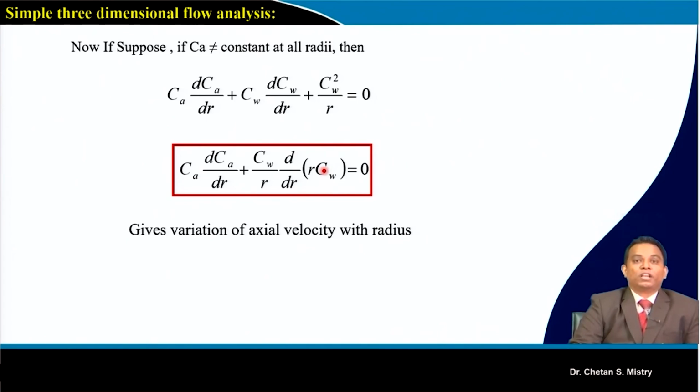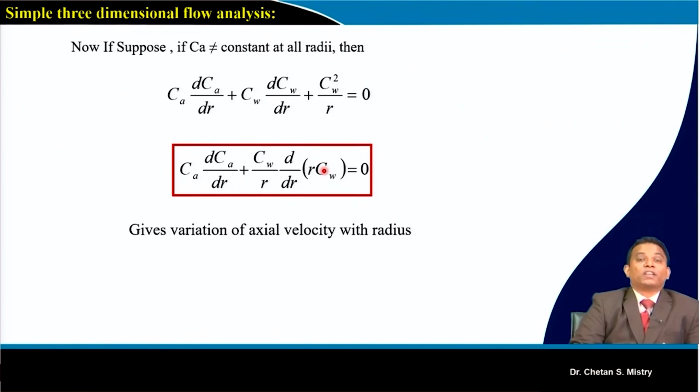Initially we started with certain assumptions, then came up with a formulation where we equated the inertia force and the pressure force, and based on that we derived the radial equilibrium equation. Then with our understanding of the energy equation, we correlated our enthalpy variation with radius.